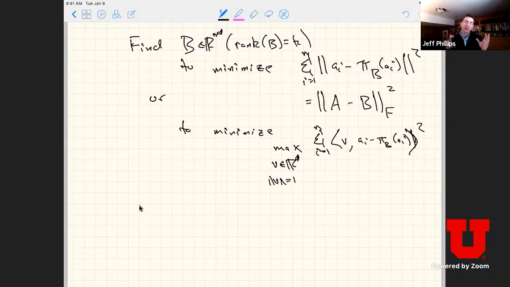Okay, so what this is saying is if I pick any direction in the space and I ask, is there a direction that has a lot of variation left in it? I want that to be as small as possible. This is equivalent to the spectral norm of A minus B squared.